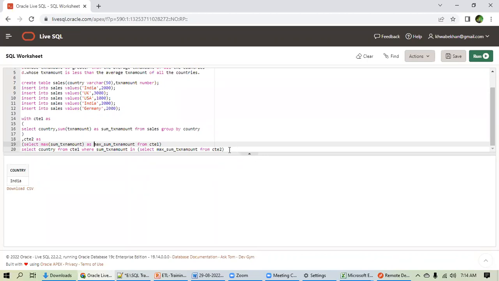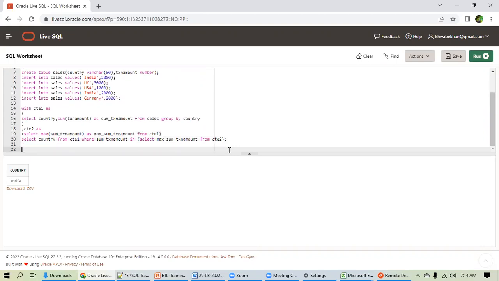Tell me the query once more. Select country from sales where transaction amount in select maximum of transaction amount from sales.